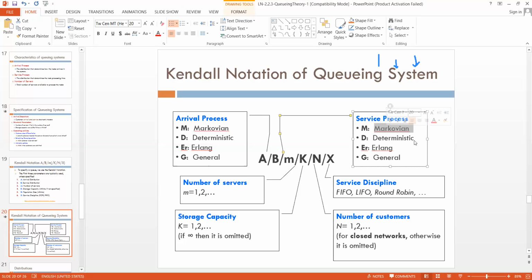Then equally, we can also have a deterministic service process. So it's predetermined that once a customer enters into service, then maybe after 1 second, the customer is served. Every server has to serve the customer after 1 second, your service is done.